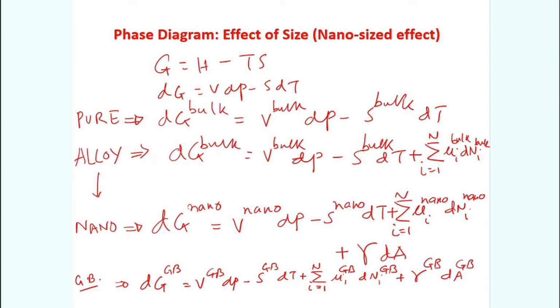That is understandable. So this gamma is different here for each equation. Let us suppose this is 1 for bulk, this is 2 for alloy, 3 for nano alloy, and 4 for nanocrystalline material bulk, wherever there are grain boundaries. Correct? You understand that?